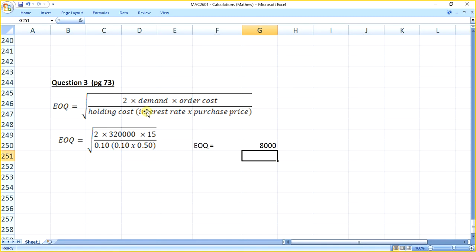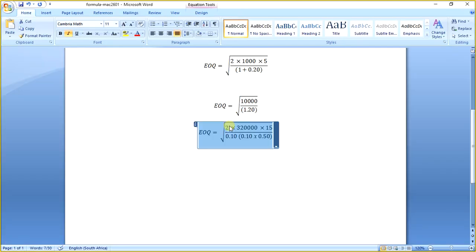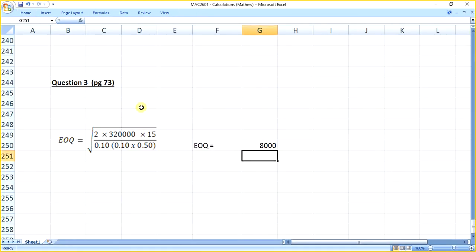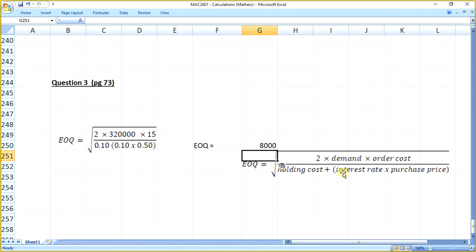Let's just check the answer, because the answer might be wrong. Oh, it is the plus. Okay, I wrote it down wrong. Look at page 70. Sorry, that's my mistake. I left the plus out when I wrote down the equation. It should be holding cost plus, not times, the interest rate.